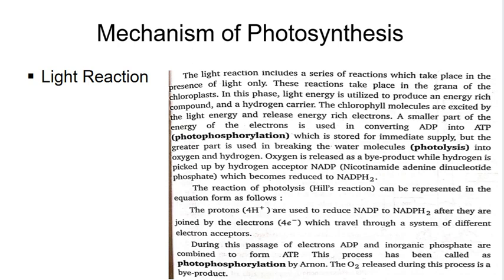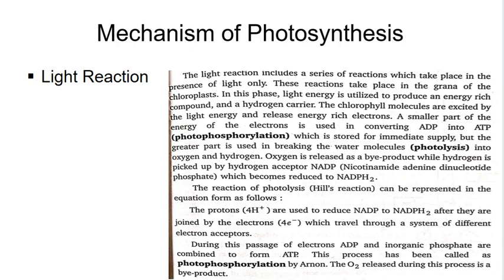Now, a smaller part of the energy of the electrons is used in converting adenosine diphosphate into adenosine triphosphate. This conversion of ADP into ATP is called photophosphorylation and is stored for immediate supply.